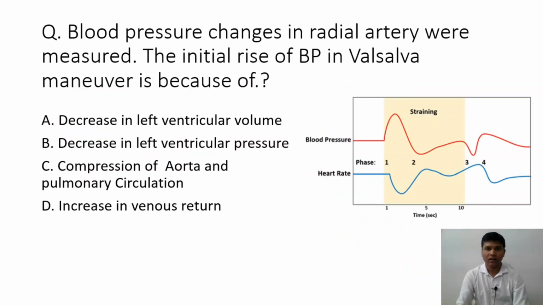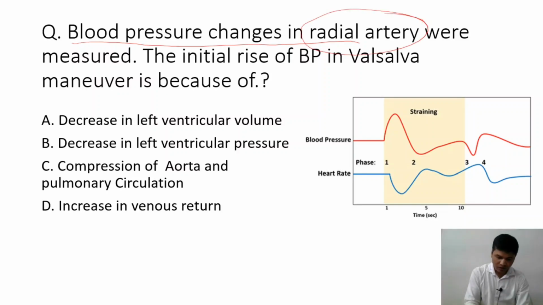So now the next question. Blood pressure changes in the radial artery were measured. So we are measuring blood pressure in the radial artery.